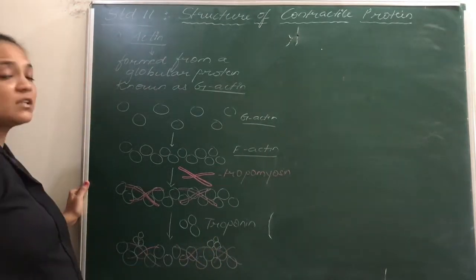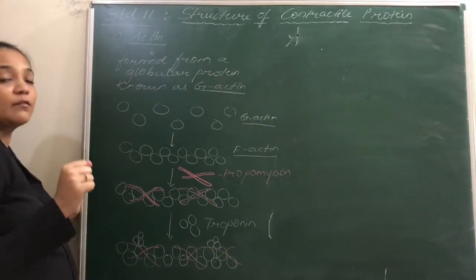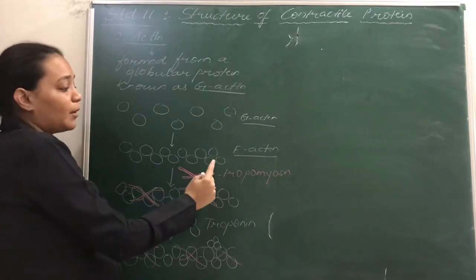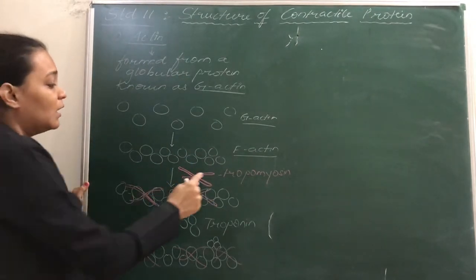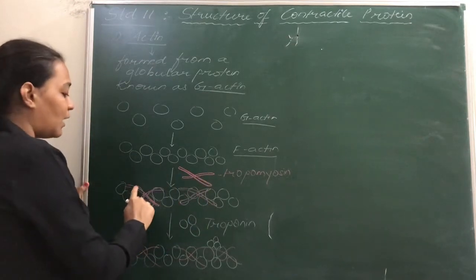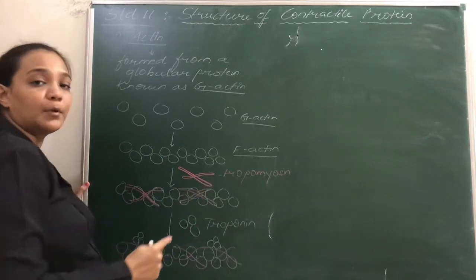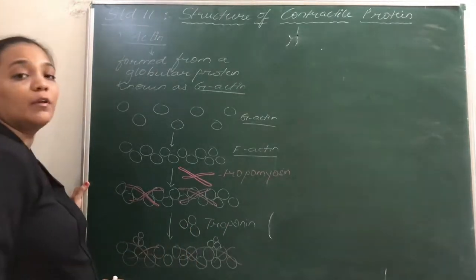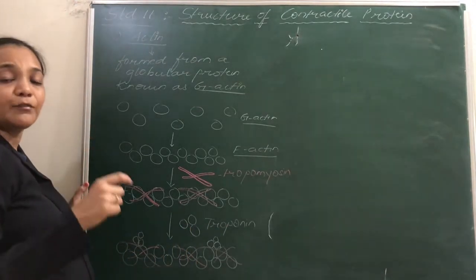So there will be three such proteins present: actin, which forms a filamentous actin, then a rod-shaped protein aligned at regular intervals called tropomyosin, and one more protein called troponin, which also will be attached to the F-actin.